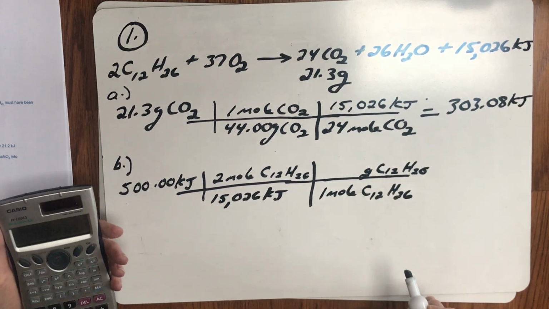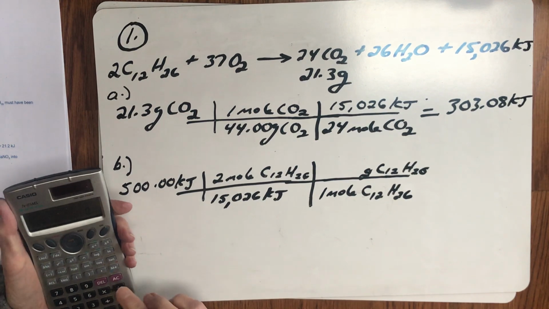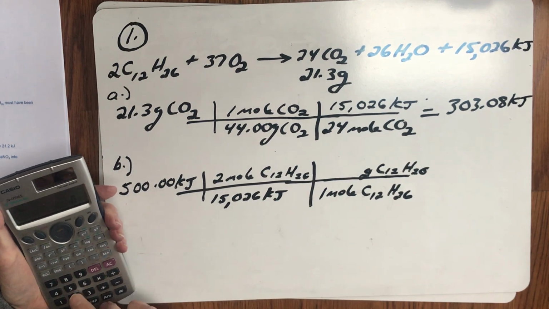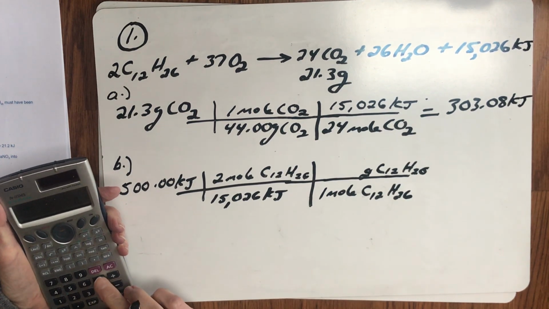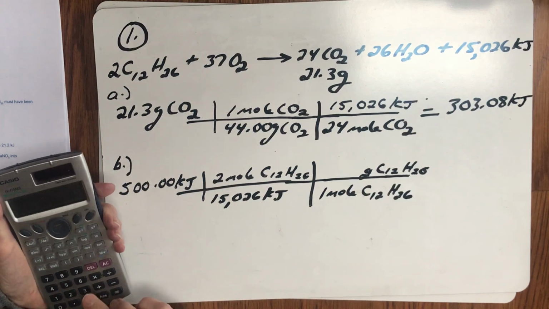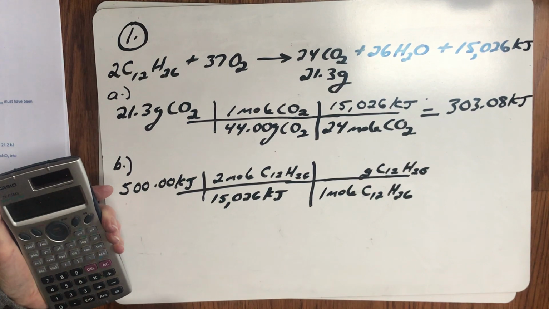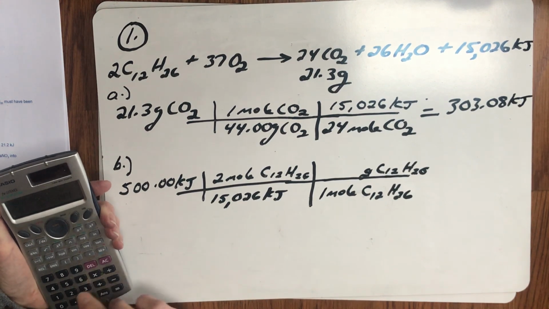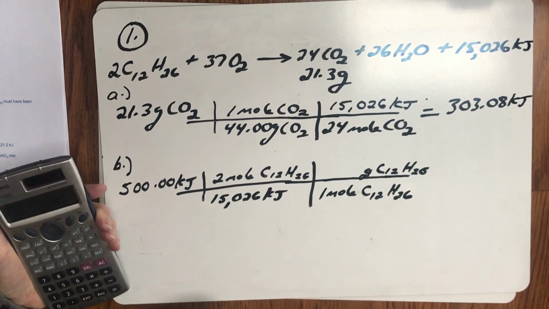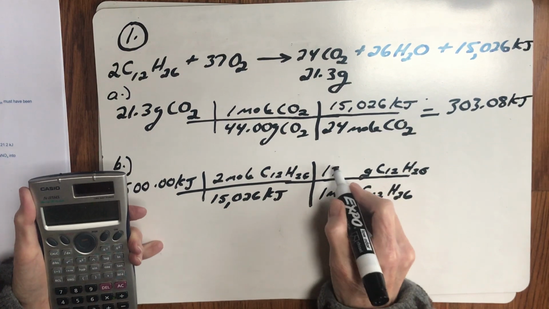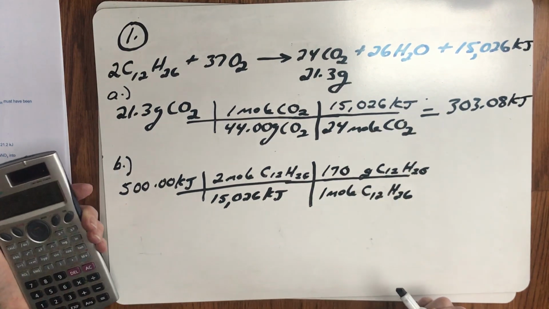This is where I wish I had some help on coming up with my molar masses. 12 times 12, which is 144, plus 26 for the hydrogens. So I came out with about 170.